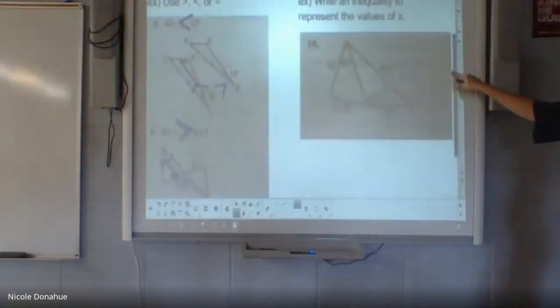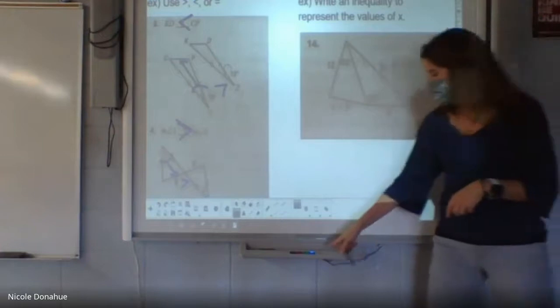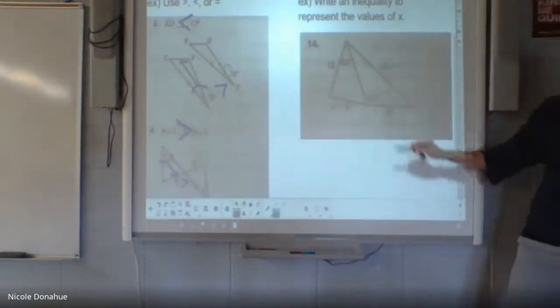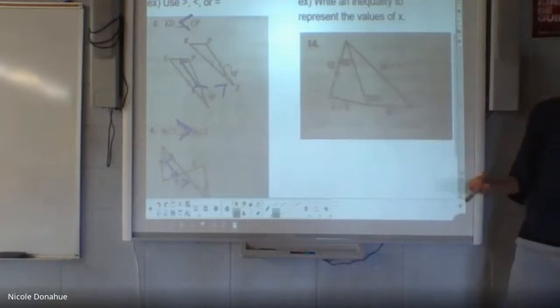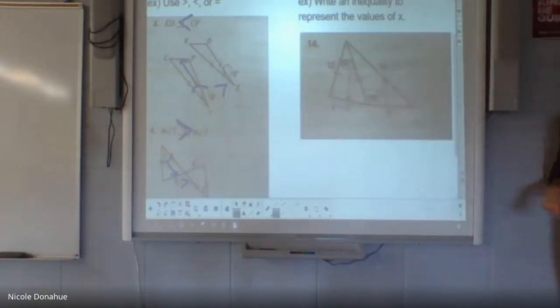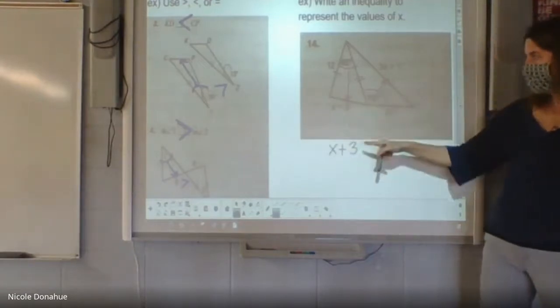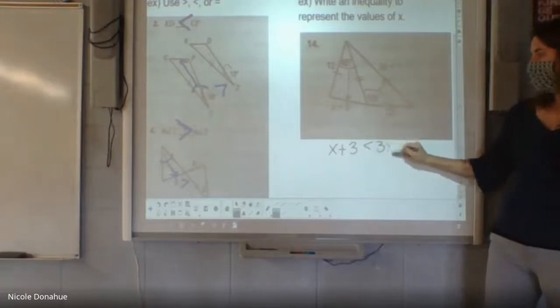And then finally, they want an inequality to represent the value of x. So this is using the hinge theorem. So the hinge theorem says that this and this are equal. We have this side being equal. That means this angle tells us something about this side compared to this angle and this one. What do I know about those side lengths, you guys? What am I going to know? Yeah, Ellen? The 3x plus 1 is greater than x plus 3. Okay, so when I rewrite it, the x plus 3 you said, so this is going to be greater than that.